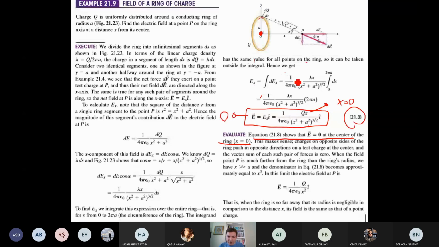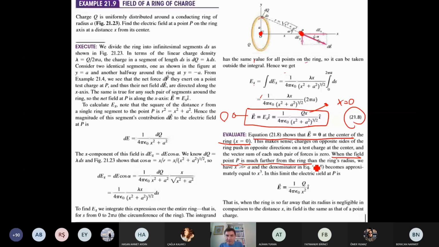In addition to that, now I am dealing with this point P, but if this point P is much farther from the ring than the ring's radius, then we have this situation.